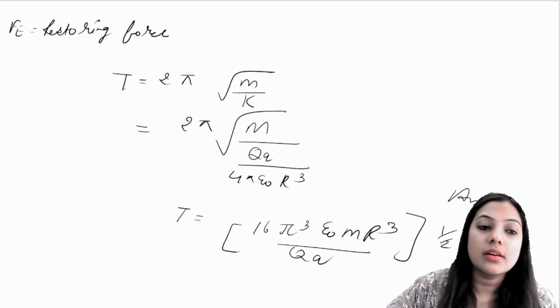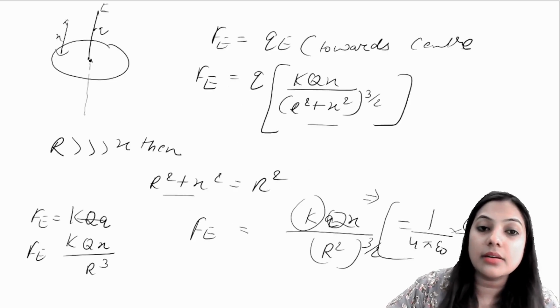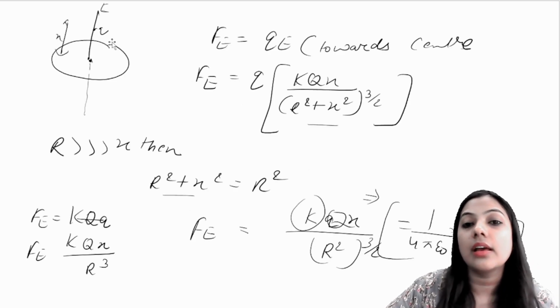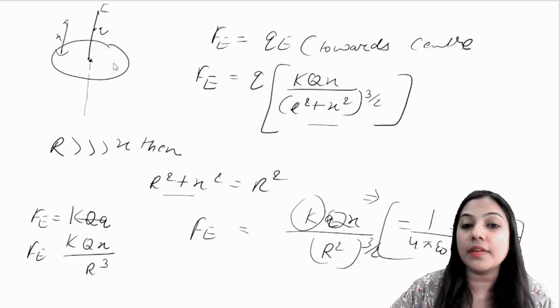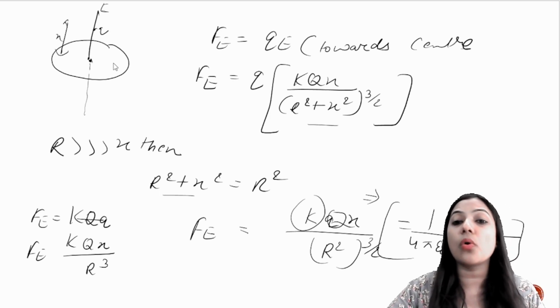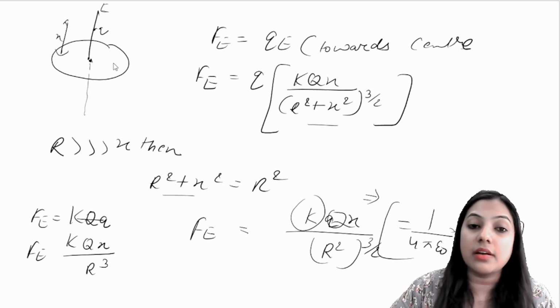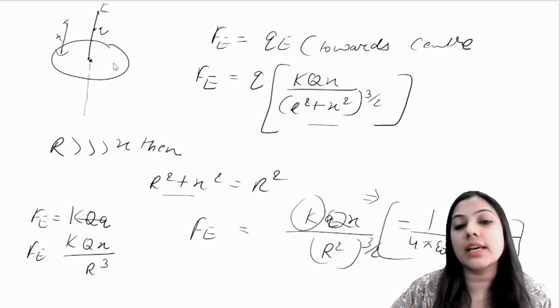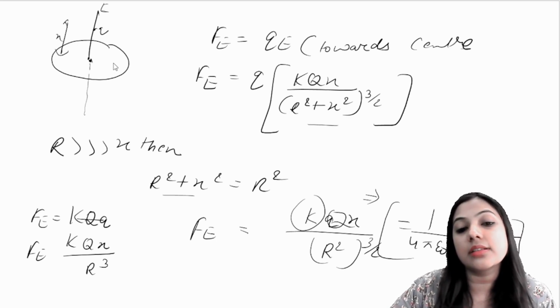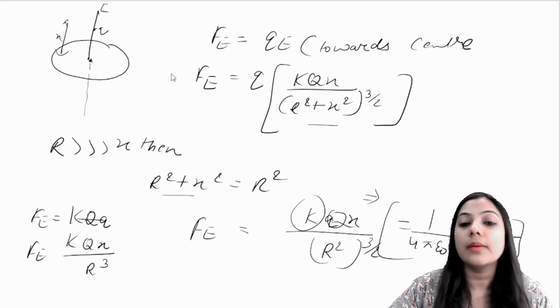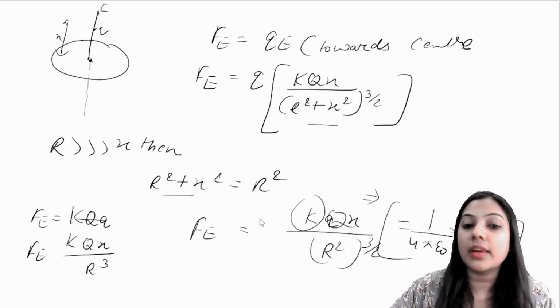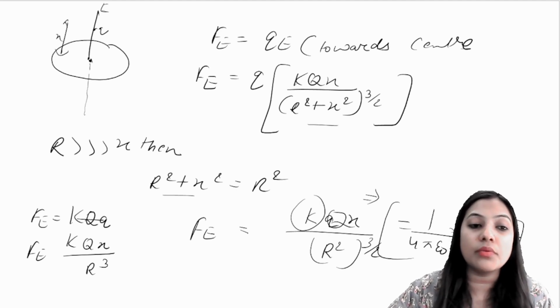Okay students, understand what was done in this question. First of all, we have to find the restoring force, which is Fe equals QE, and it is towards the center of the sphere. According to the question, R is very much greater than X, so we take the value of X equal to 0, as it is negligible compared to R, and we put this value in this equation and we get this value.